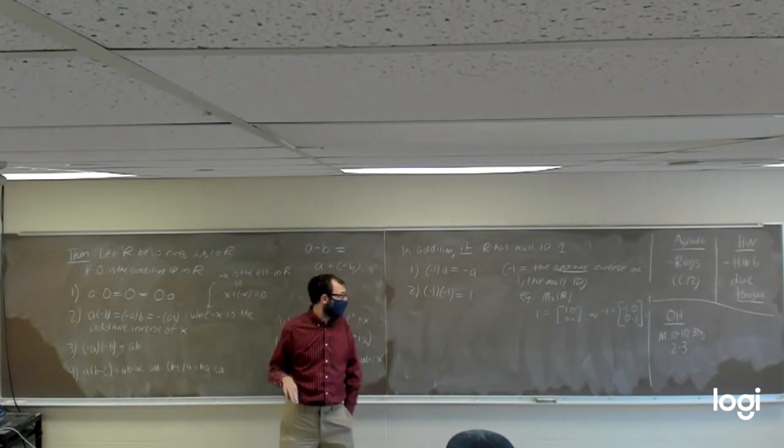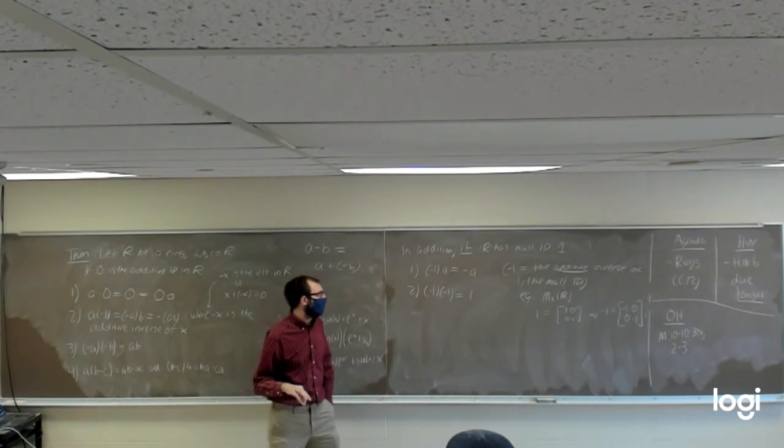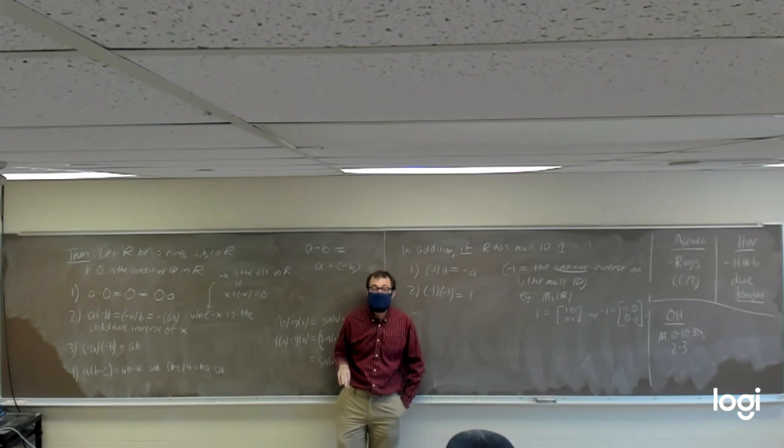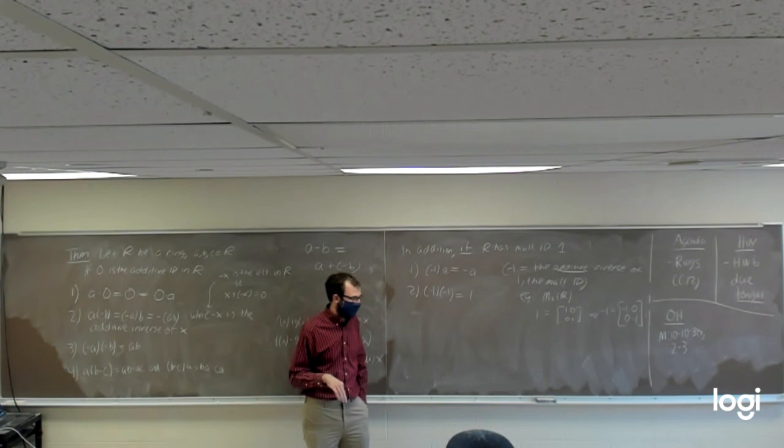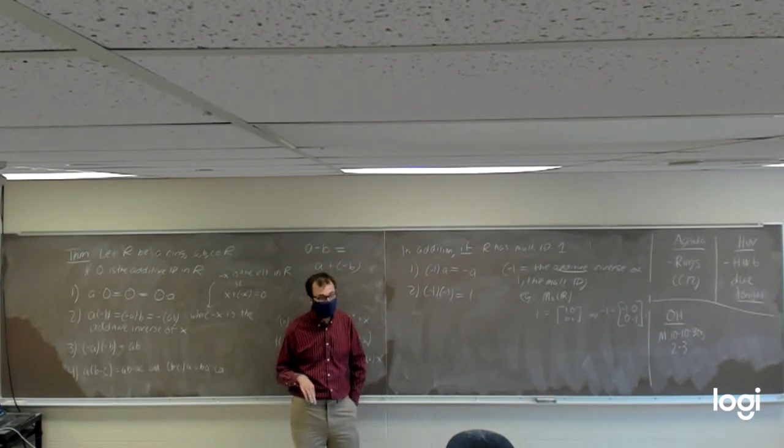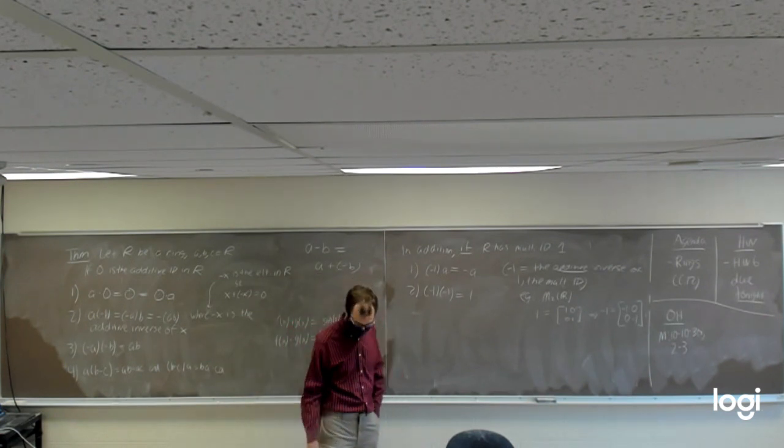So in other words, if you were to take the additive inverse of the multiplicative identity and multiply by the additive inverse of the multiplicative identity, you're going to get back the multiplicative identity. Bit of a mouthful. But it ultimately just means -1 times -1 equals 1 in whatever ring you're looking at.